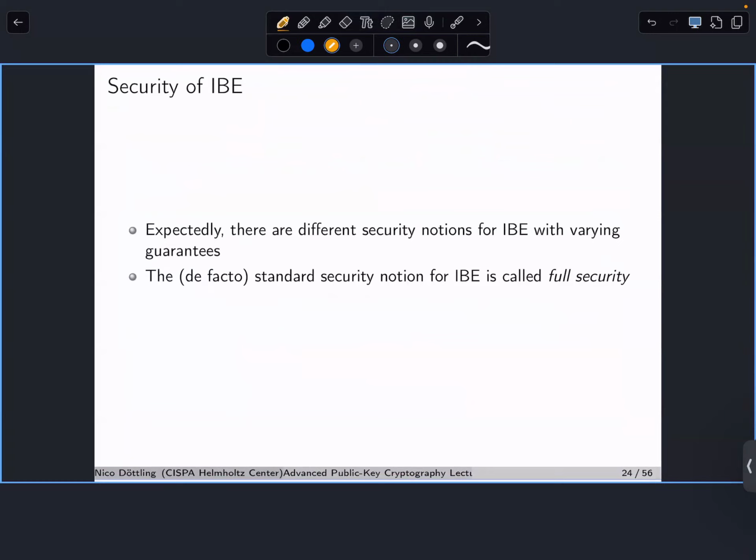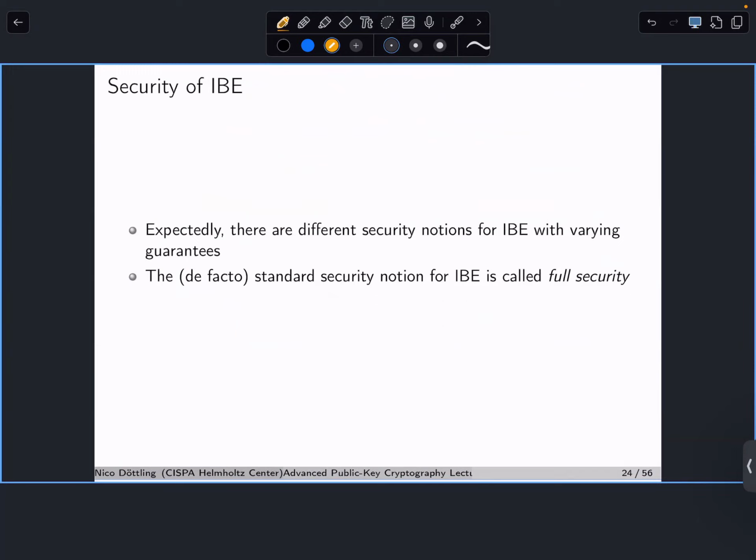Good. So now let's talk about security of identity-based encryption. And as you can expect, there are not a ton, but several different notions of security for IBE. So the de facto standard security notion for IBE is called full security.